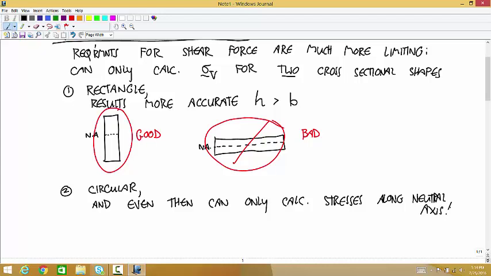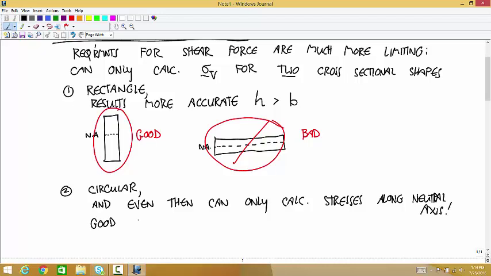So you might ask yourself if there's even any reason to do this calculation for circular cross sections if we know so little about it. Well, it turns out that the neutral axis is always where the stress is the highest due to shear force.